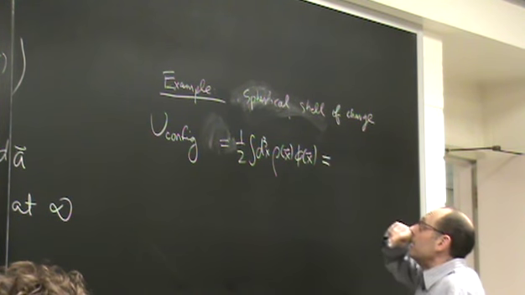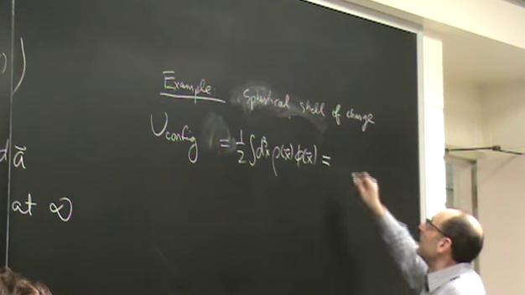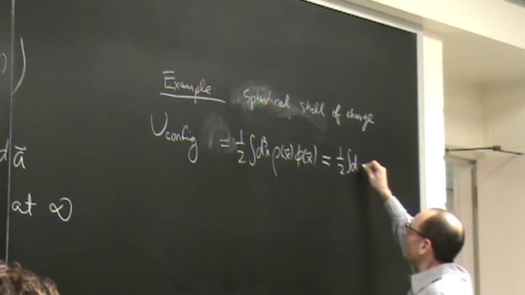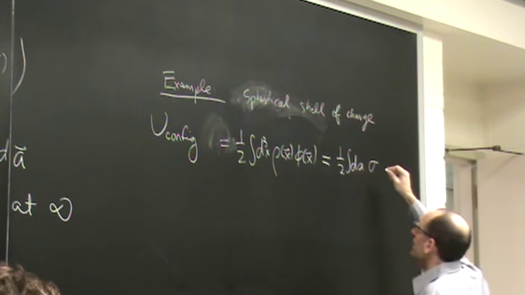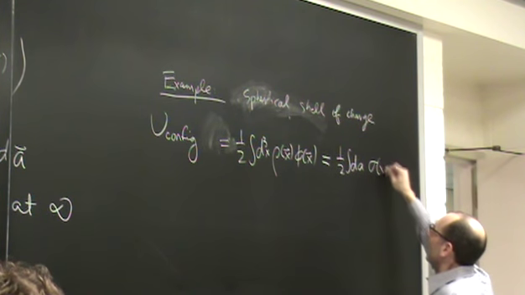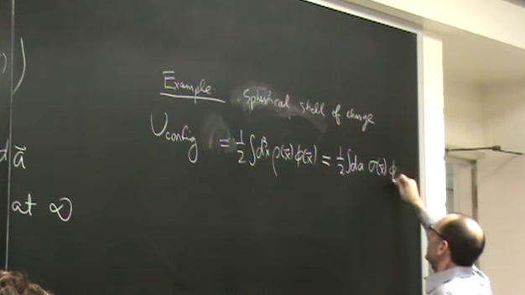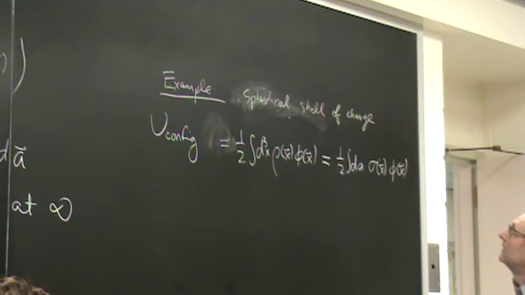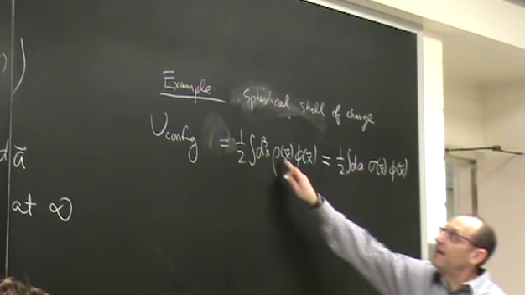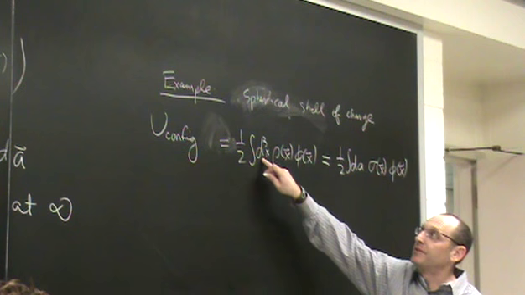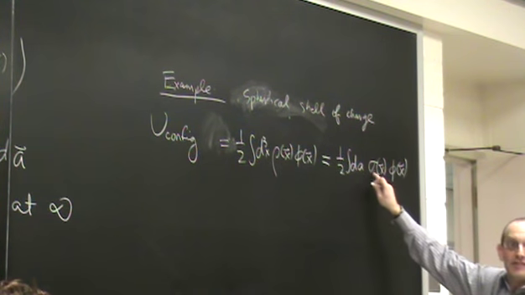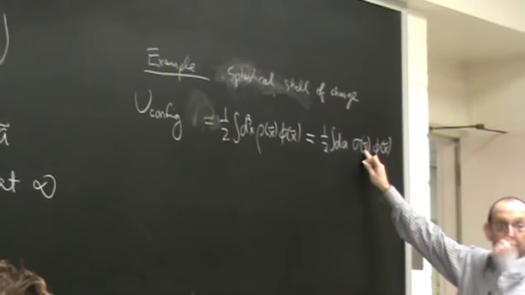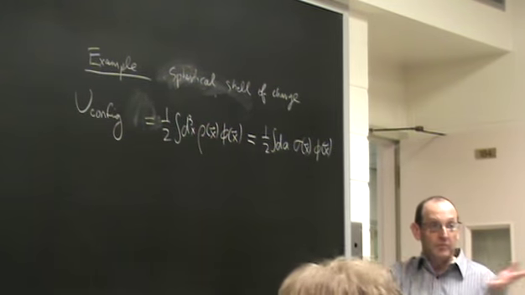So, in this particular case, I can rewrite this as integral over the area, the surface charge density on the surface times the potential on the surface. Right? You can always take a volume density times a volume element and turn it into a surface density times a surface element. But the surface charge density is constant, and this is uniform.